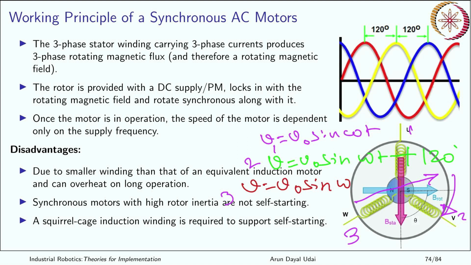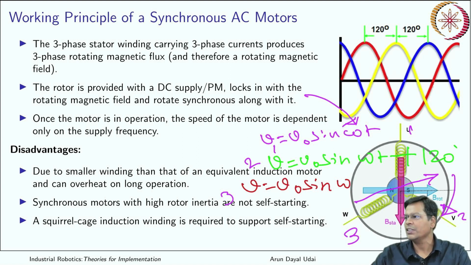Everything depends on the frequency which is supplied here. With this frequency the field will rotate and carry the armature along with it. The rotor, which is also the armature, has the permanent magnet that follows the magnetic field. So this is how it works.